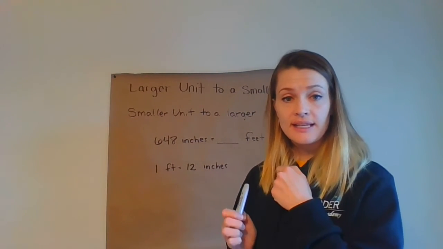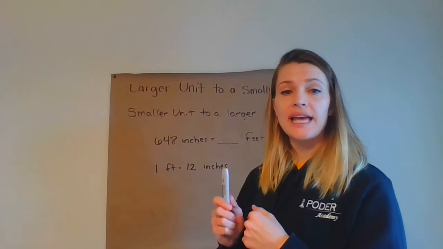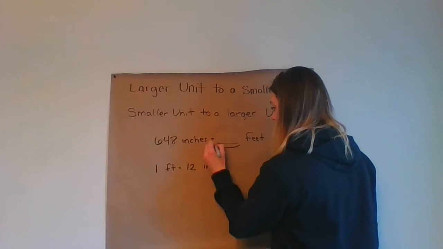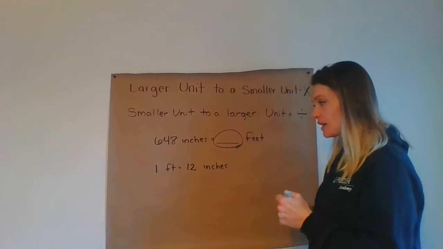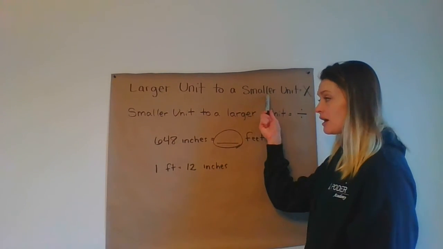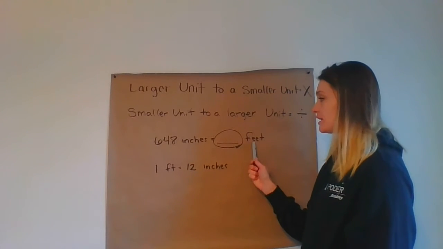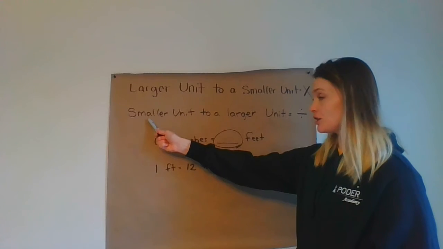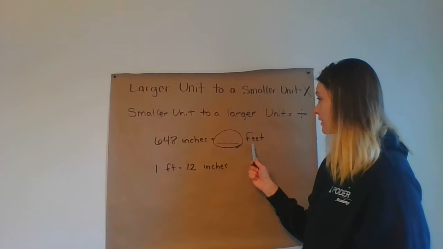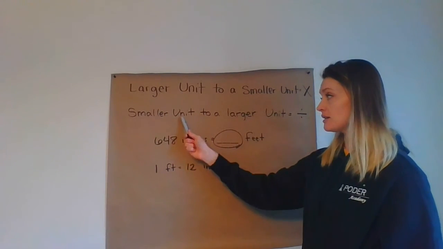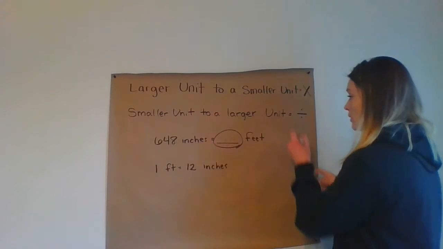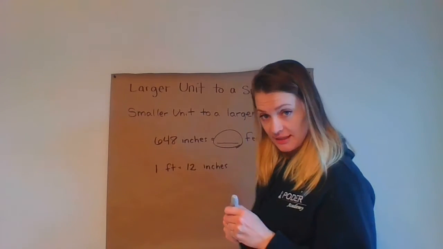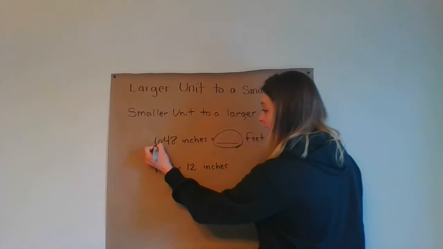Now it says determine how you will get the number that you are looking for. Well, let's look here. I'm going from inches to feet. Inches is a smaller unit, and we are looking for a larger unit. Smaller unit to a larger unit, what do you do? You divide.